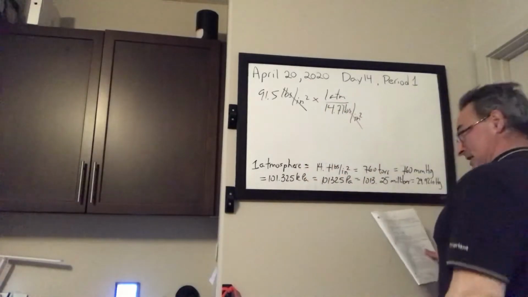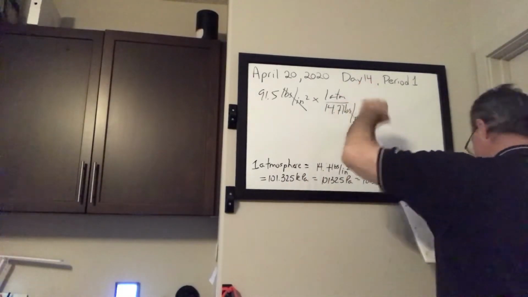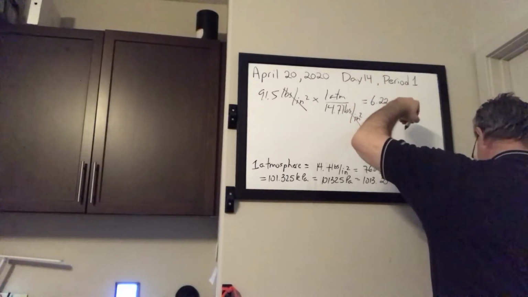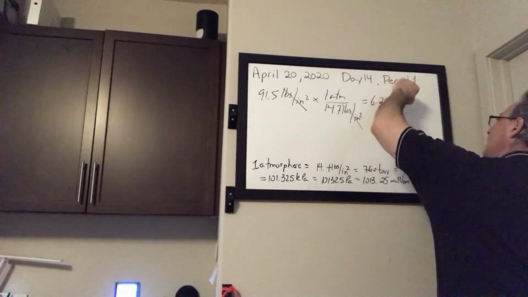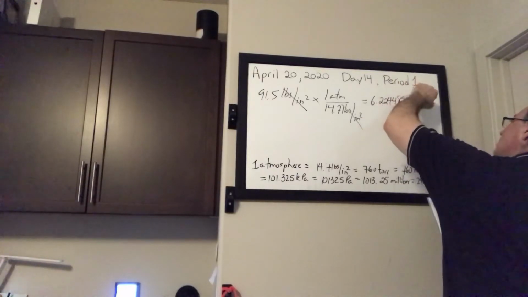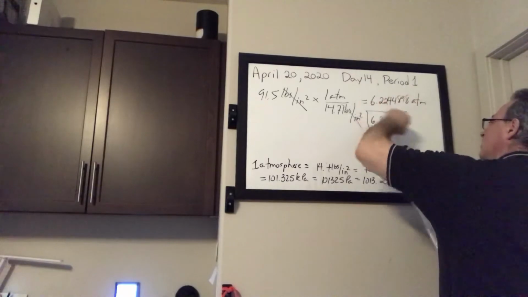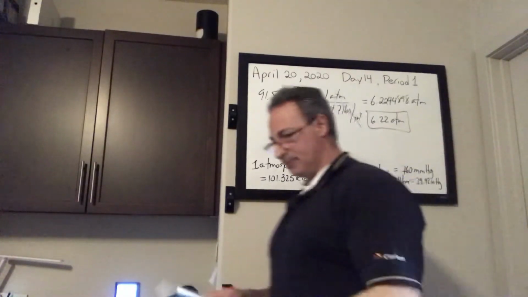That allows me to cancel those, and what we get is 6.2244898 atmospheres. You're only allowed 3 sig figs, so you're going to write 6.22 as your final answer. There it is.